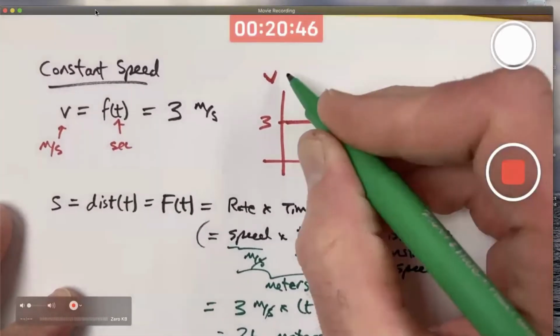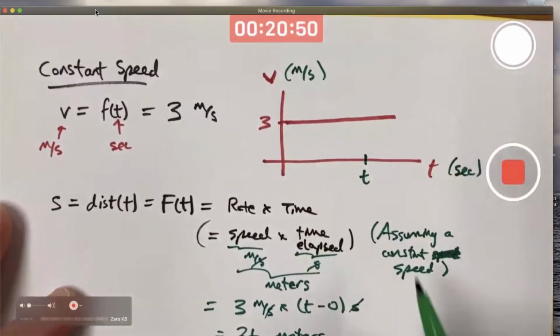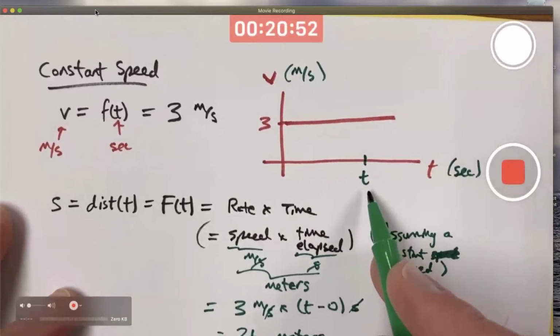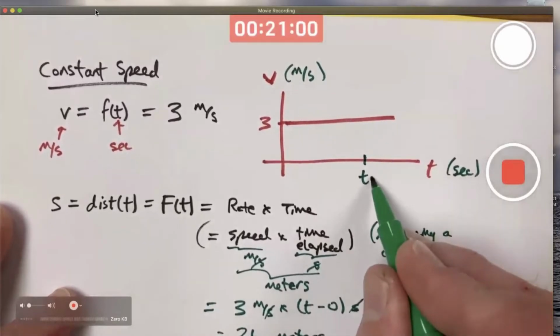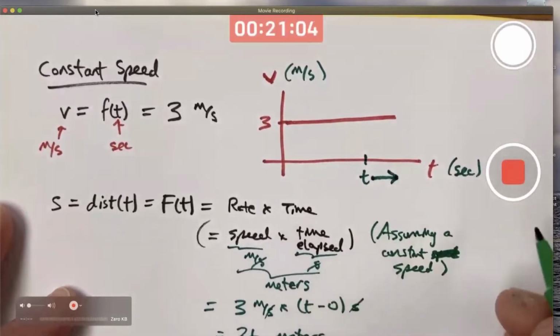And the v up there is the speed in meters per second. This green t is I guess a fixed number in a static drawing, though I could imagine it changing. For example, I could imagine it increasing, moving to the right.